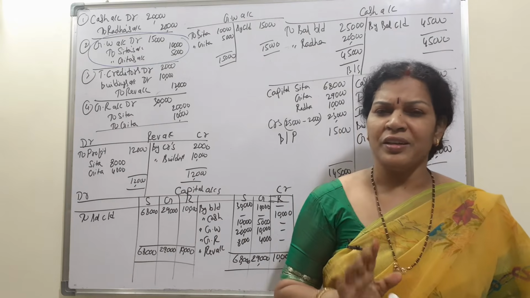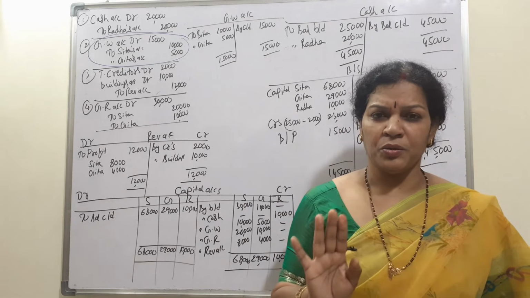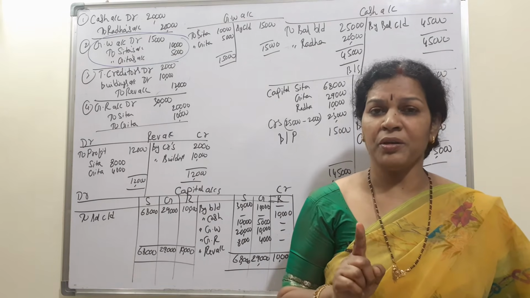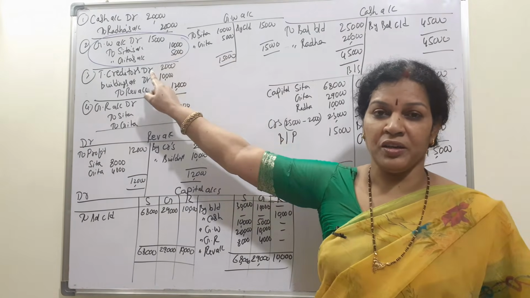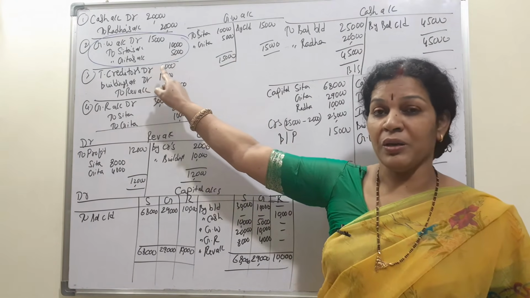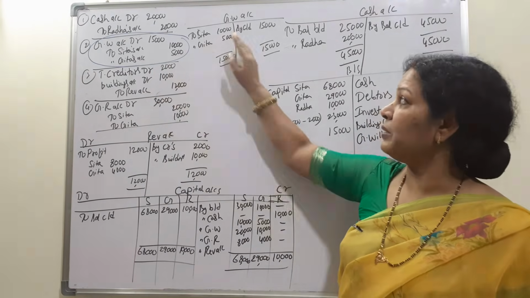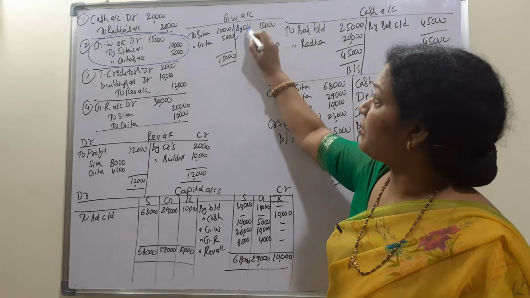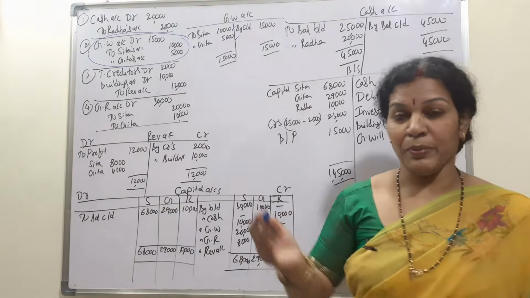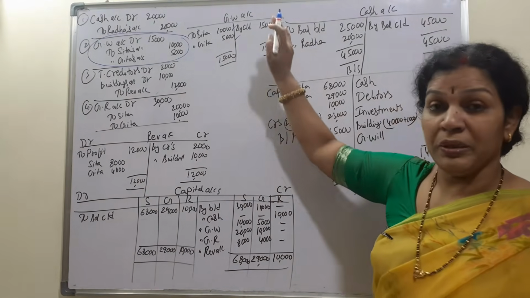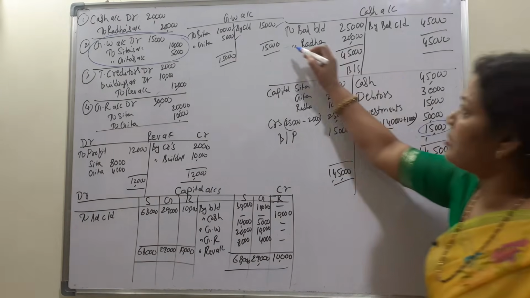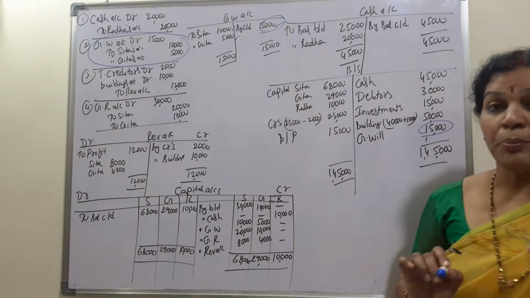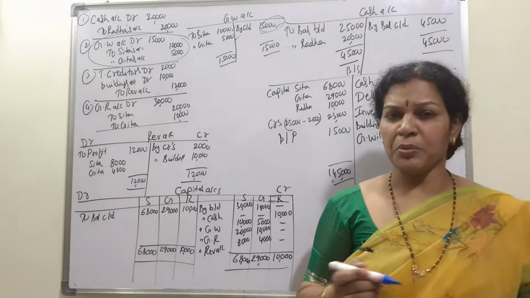No more entries are related to goodwill. We have only one entry, written on the debit side. Nothing else to write, so balance carried down. Carried down means it is an asset in the balance sheet. This is the important thing to remember. The rest of the problem is normal.